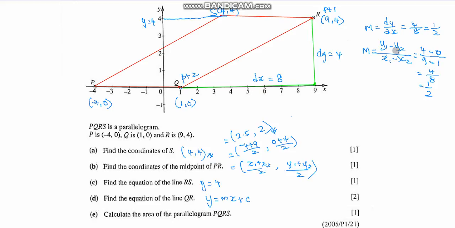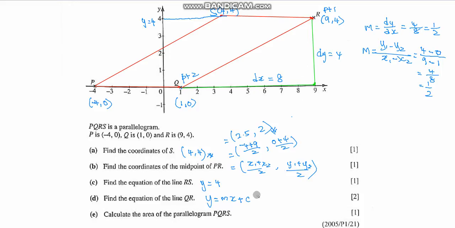If the gradient is negative, it will show up from the coordinates you use. So you do not really have to put a positive or negative if you use this method of finding the gradient. But if you use the other way, you observe the direction. If it's slanting toward the left, then at the very beginning you must put a negative value.